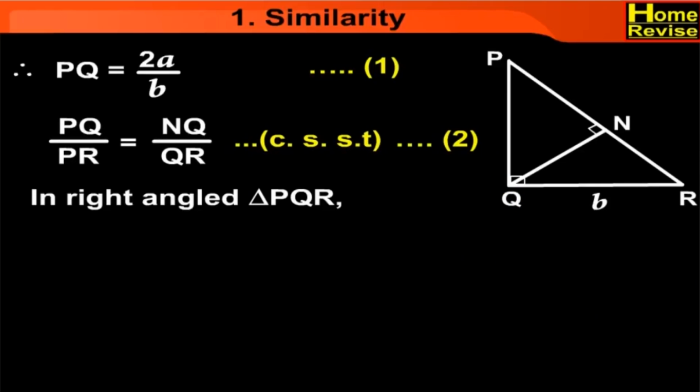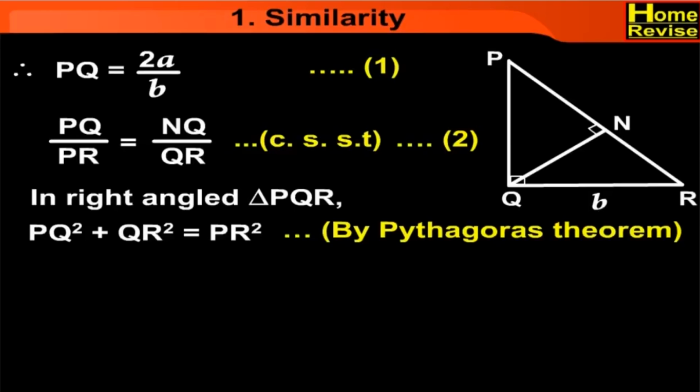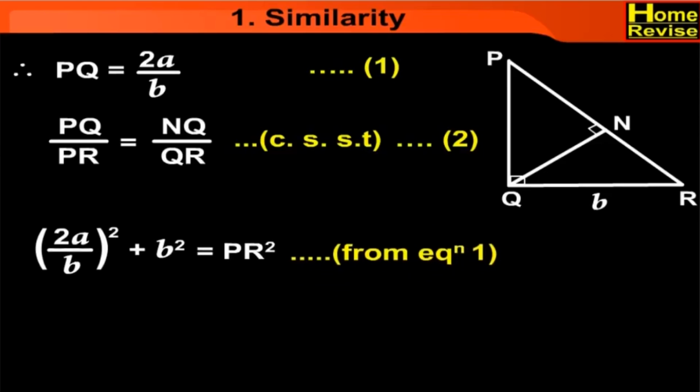In right angled triangle PQR, PQ square plus QR square is equal to PR square. Reason: by Pythagoras theorem. Now, substituting the values given and from equation 1, we have (2a upon b) whole square plus b square is equal to PR square.